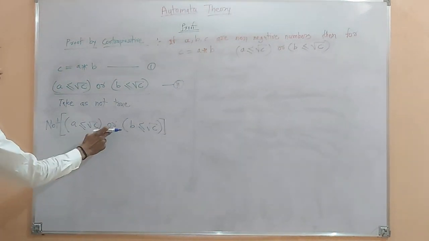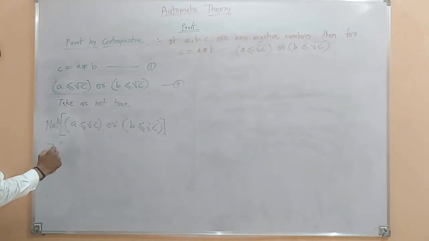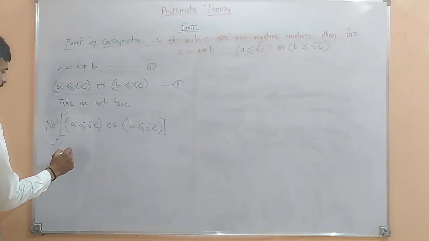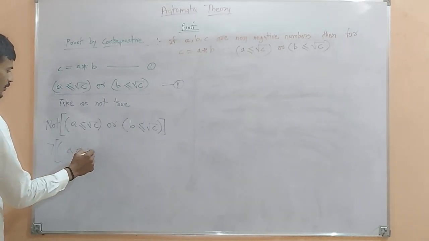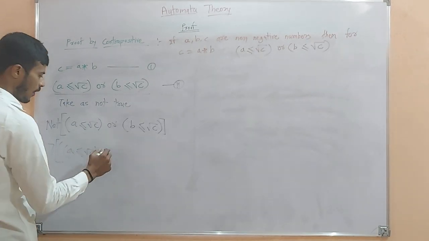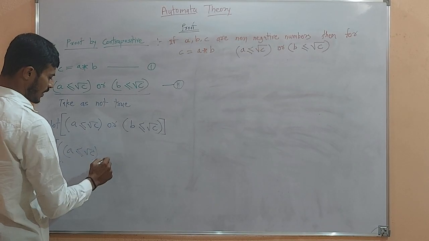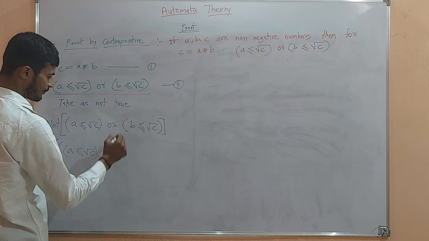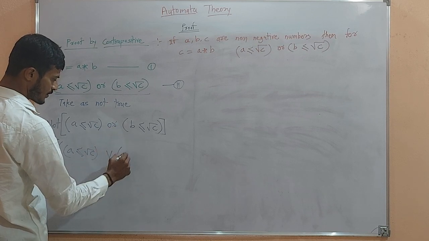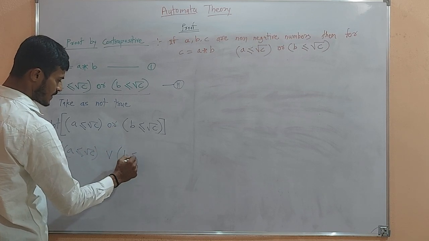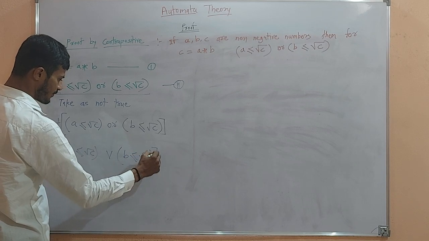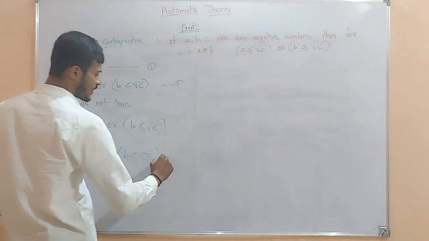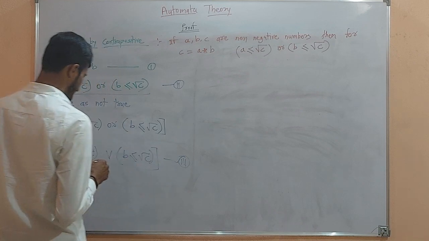So how do we represent this? Negation of (A less than or equal to root C, or, with the OR notation, B less than or equal to root C). So this is your equation number 3.